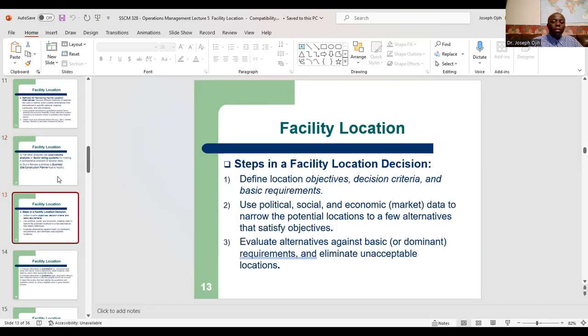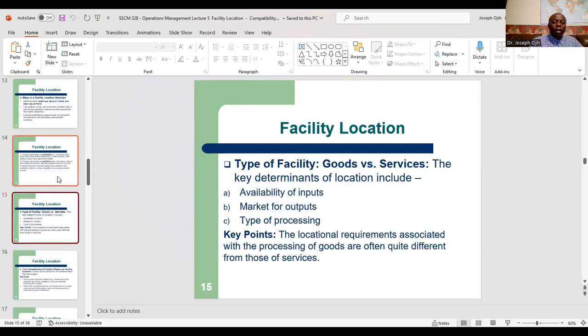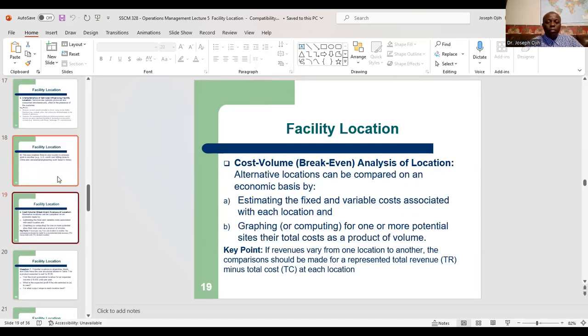Now, let's go to where I want us to focus today, which is on cost volume or break-even analysis of location. In this case, we compare the locations on an economic basis by estimating the fixed and variable costs associated with each location.